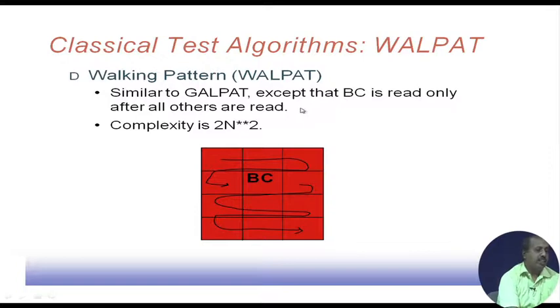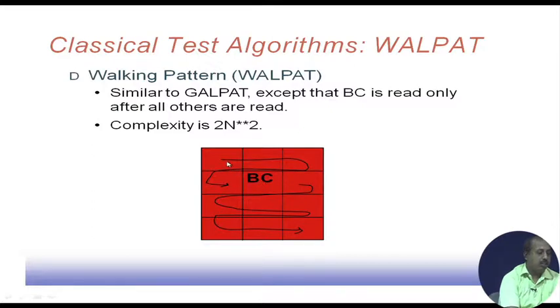Another variant of Galpat is known as the Walpat algorithm, or walking pattern algorithm. It is similar to Galpat, except that the base cell BC is read only after all others are read. We complement the base cell, that is fine, but then we read all the other cells. In Galpat, after reading every cell, you were again reading the base cell, and that was repeated every time.